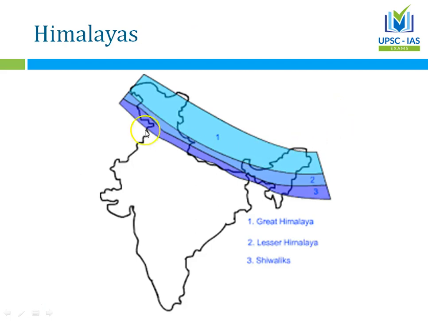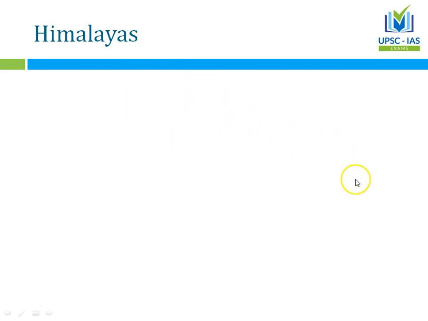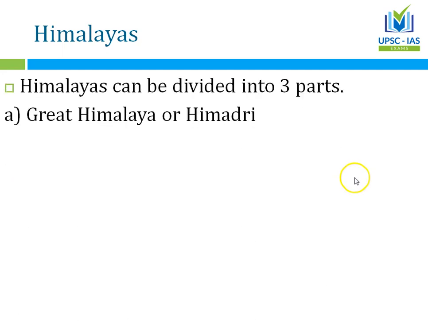Himalayas. As I told you, we are going to start from the north. So this whole area in blue shade is Himalayas. Now Himalayas are divided into three different parts. The northernmost part, this part here, dear friends, is known as Himadri or Great Himalaya.